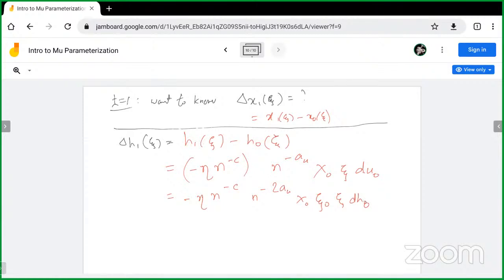Let's just use the chain rule again here. But it's not theta 0 anymore, it's a theta.